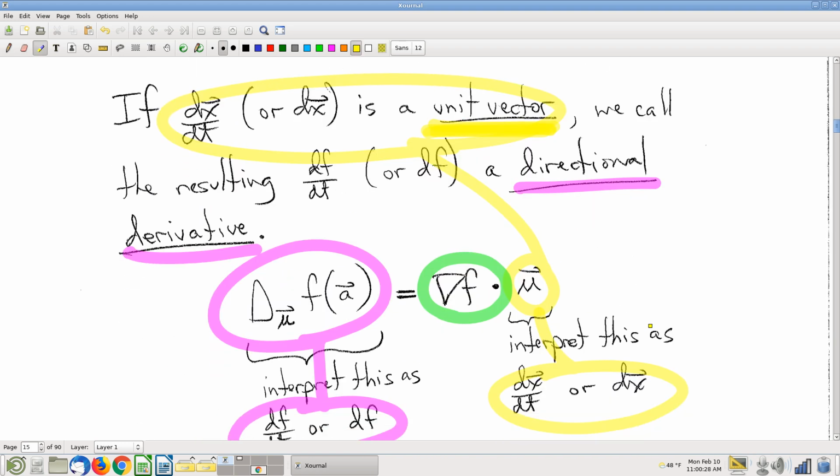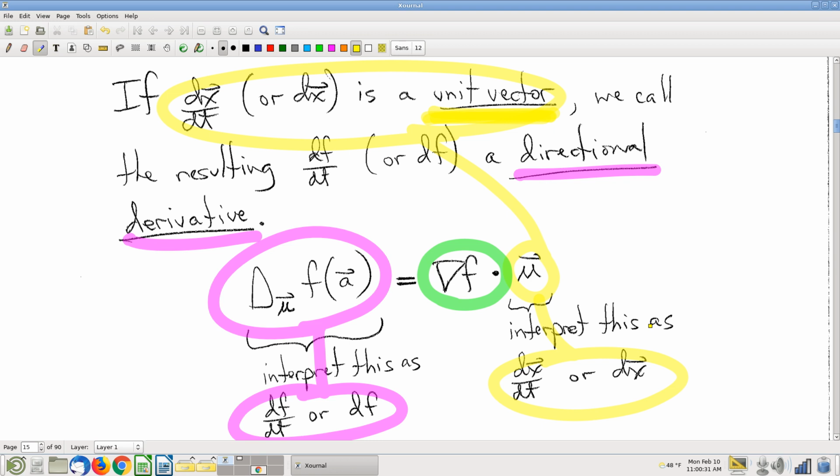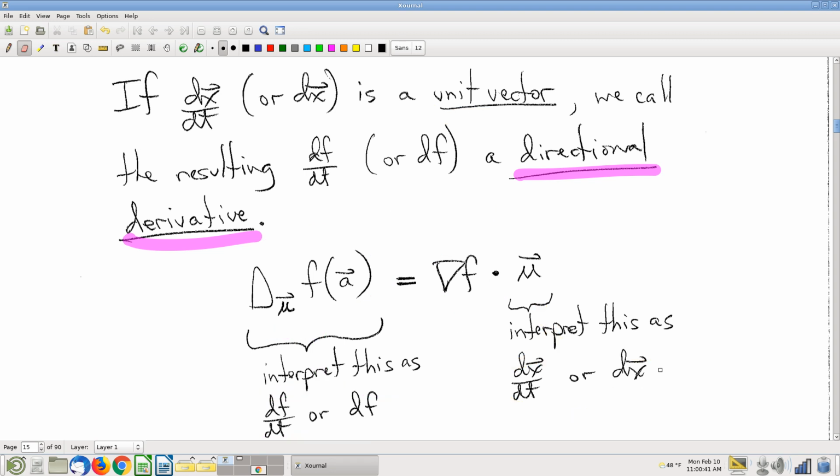Now that being said, here's a little cultural observation, and this is a frustrating thing, but unfortunately, it seems not everyone agrees on what this word directional derivative should mean. And to be totally honest, I'm kind of in the other camp personally.